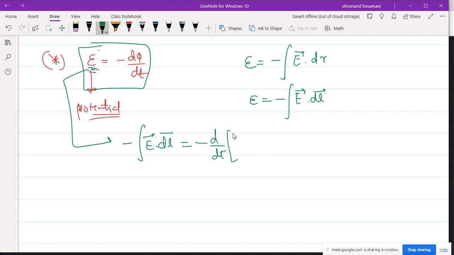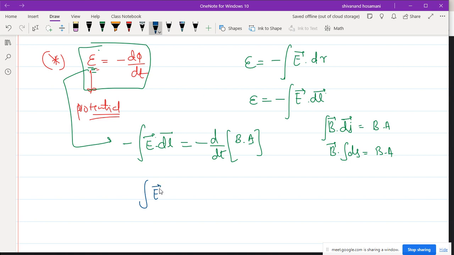It is nothing but B into A. So this can be written as integration of B dot ds, which is B vector dot integration over ds vector, equal to B dot A. The minus signs cancel, and what remains is integration of E vector dot dl vector equals d by dt of integration of B dot ds.